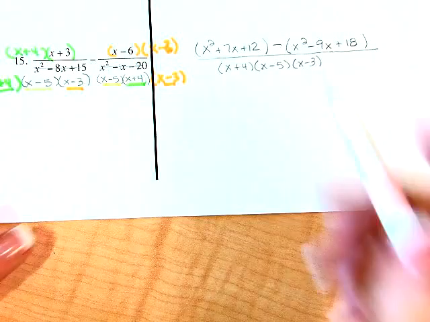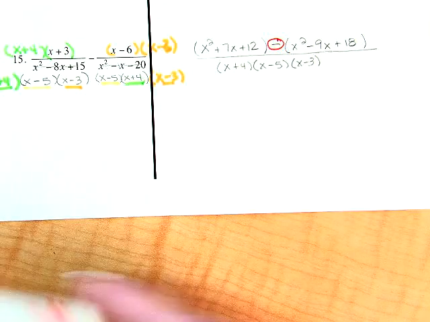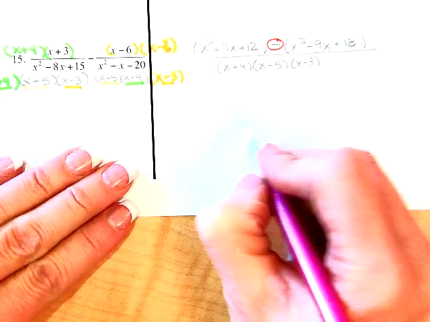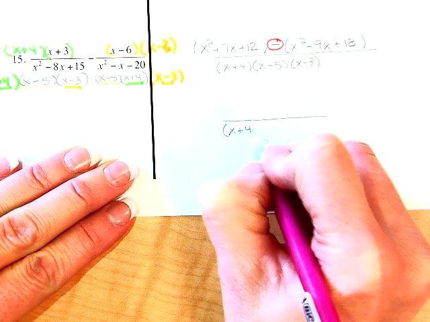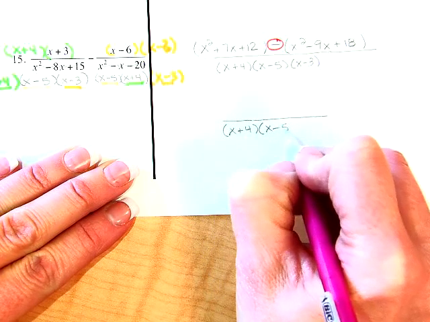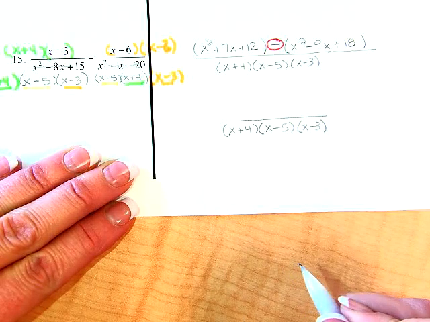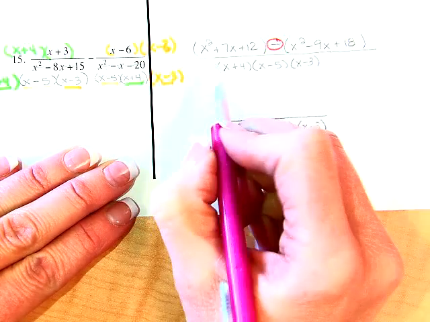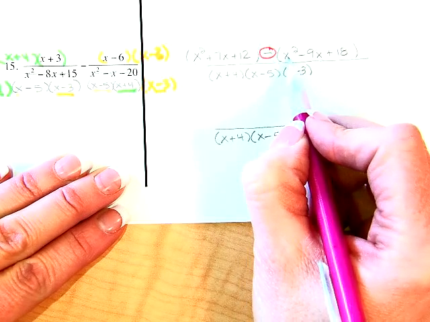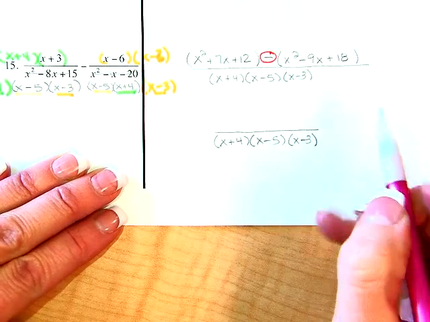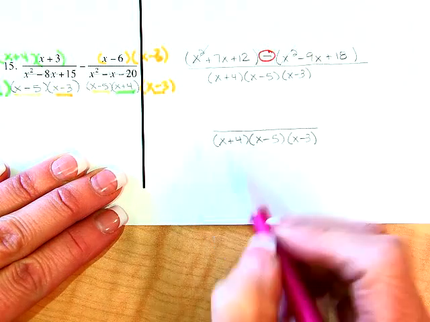And now all we have to do is subtract like terms. Okay, so my denominator is going to be this binomial times this one times this one. On the top then we have x squared minus x squared. And that's actually going to cancel. Those are going to cancel away. It's going to be 0 x squared, which is 0.